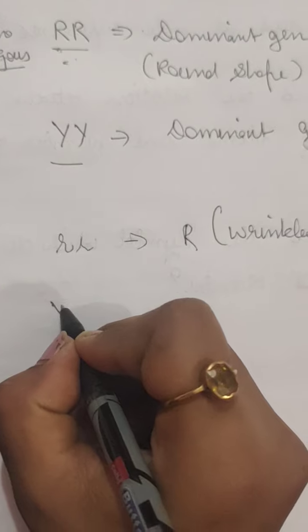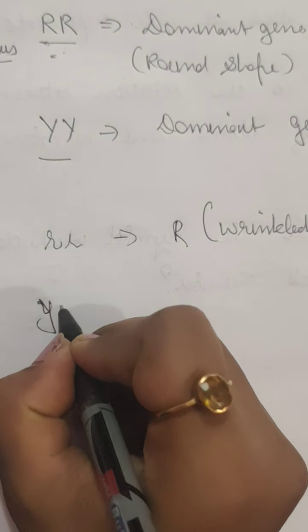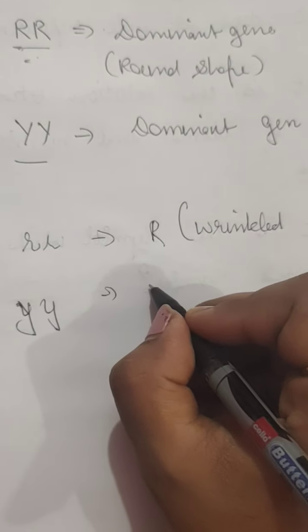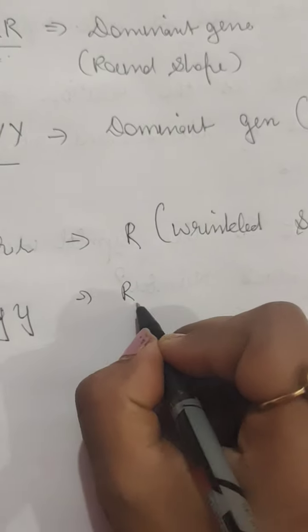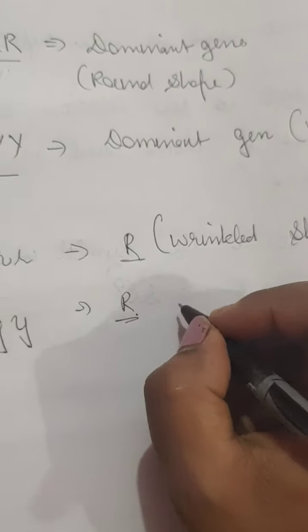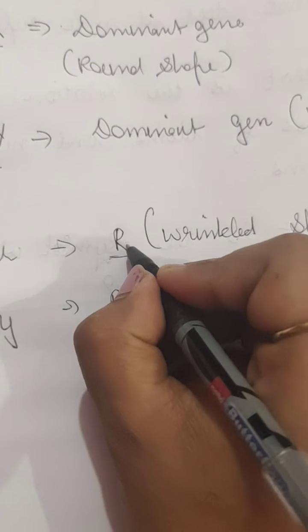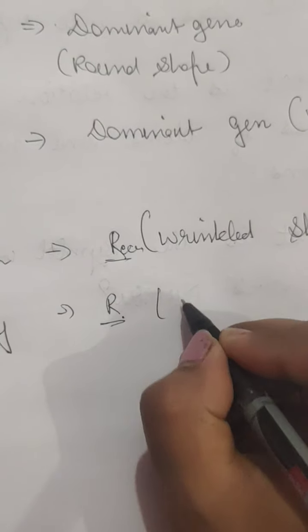And then small y stands for the recessive trait. I'm just writing recessive here. And this is for the green color.